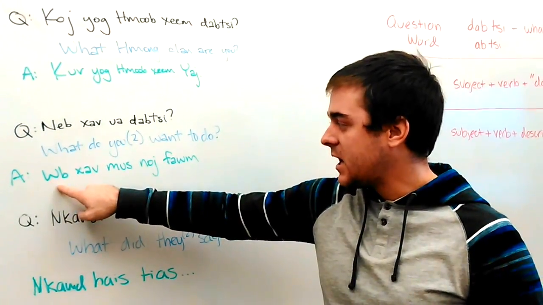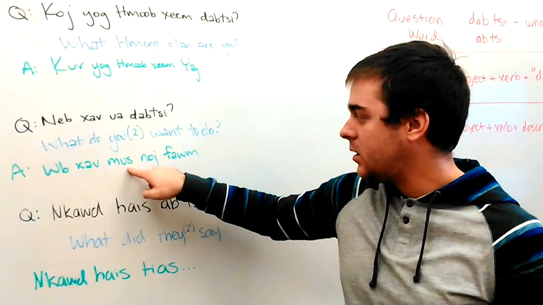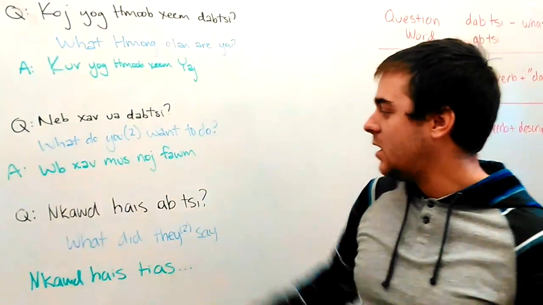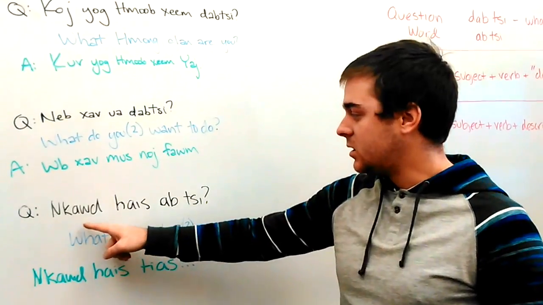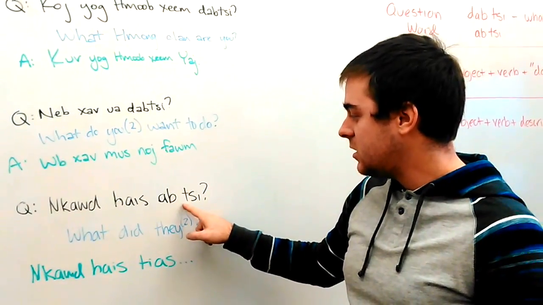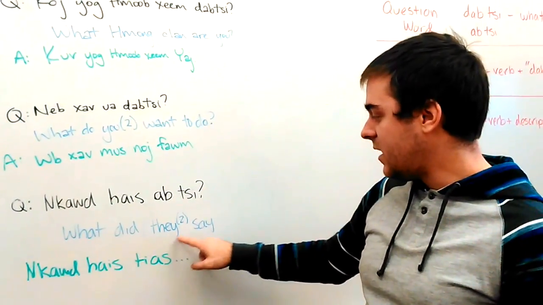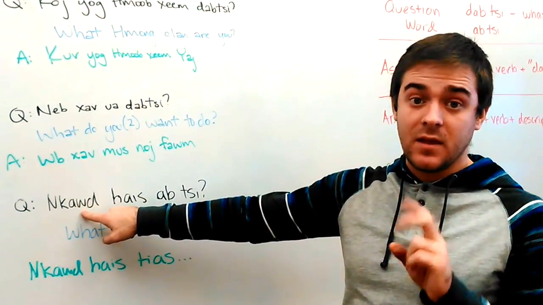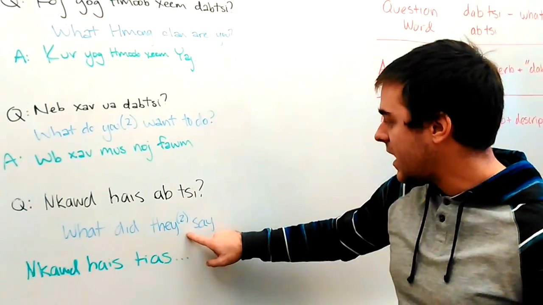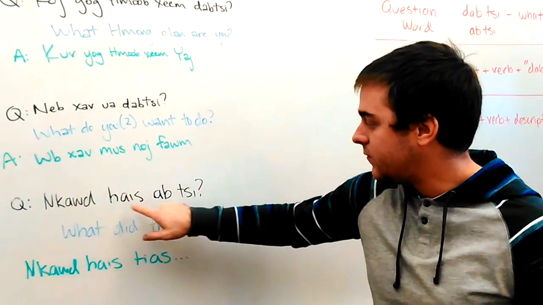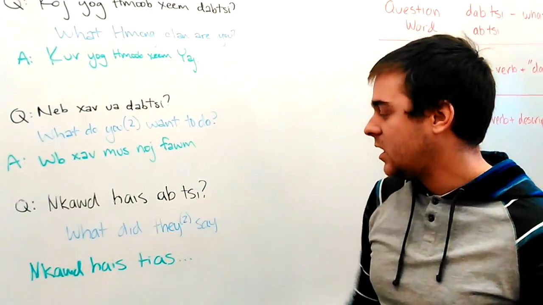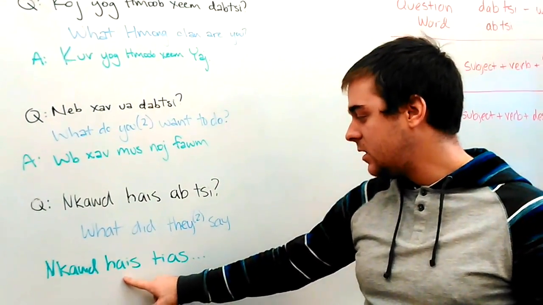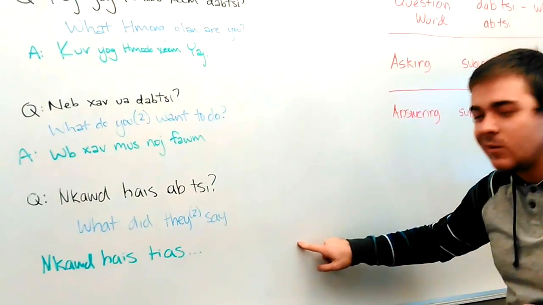So you'd say subject, verb, and then description, what you want to do. The next example would be ngo haidachi, which means what did they say? Ngo is the two-person they. So it's subject, verb, dachi, and to answer, ngo haidia. So subject, verb, and then whatever they said.